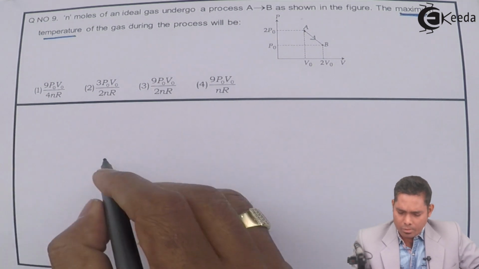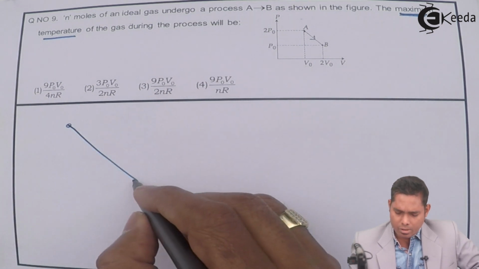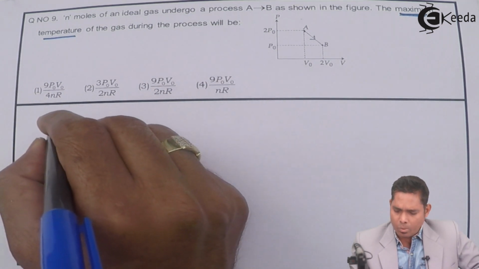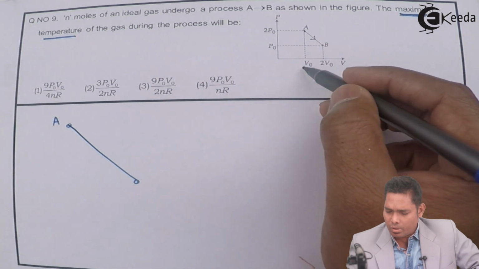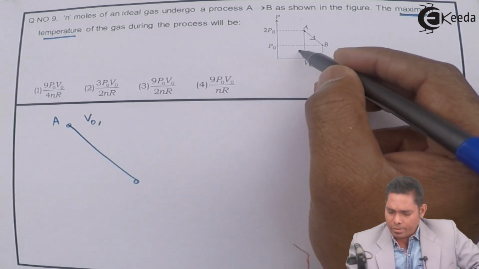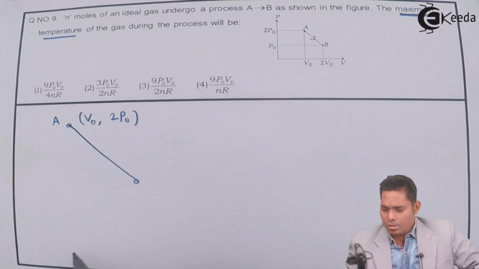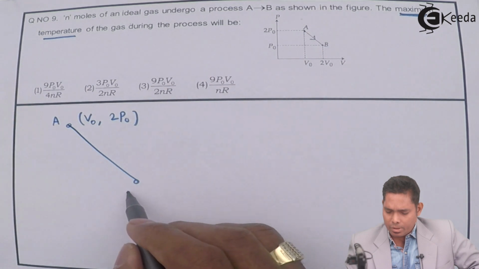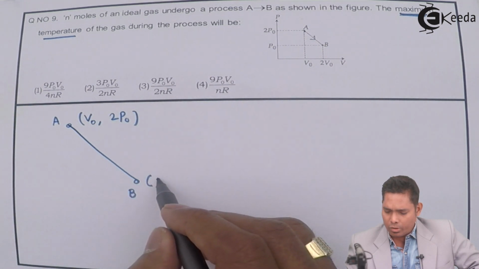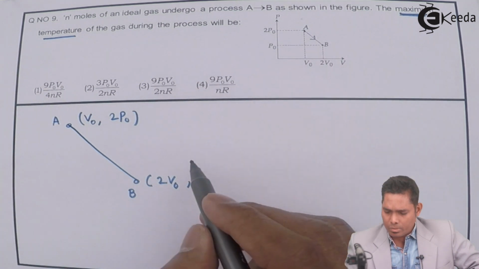First of all, this point A has the x coordinate V0 and the y coordinate 2P0. Similarly, the point B has x coordinate 2V0 and y coordinate P0.